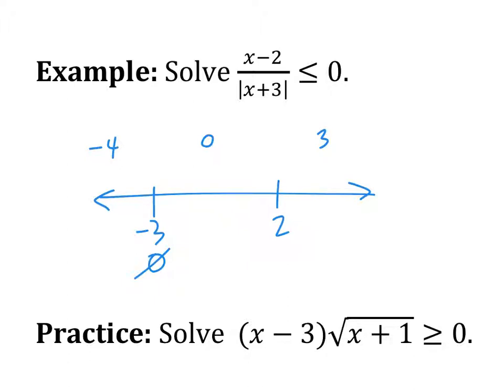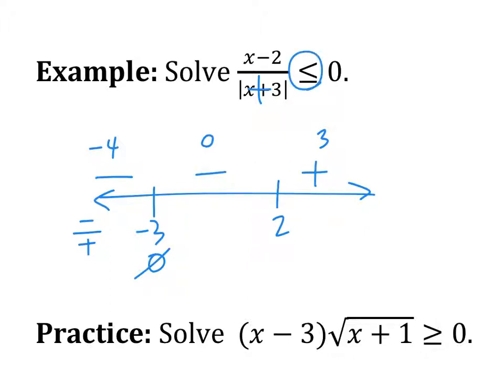Absolute value, so always positive. So the denominator is always positive, or 0, but we already skipped it. So negative over positive, this is negative, and if you put 0 in, what would that be? Negative. Put 3 in, positive.